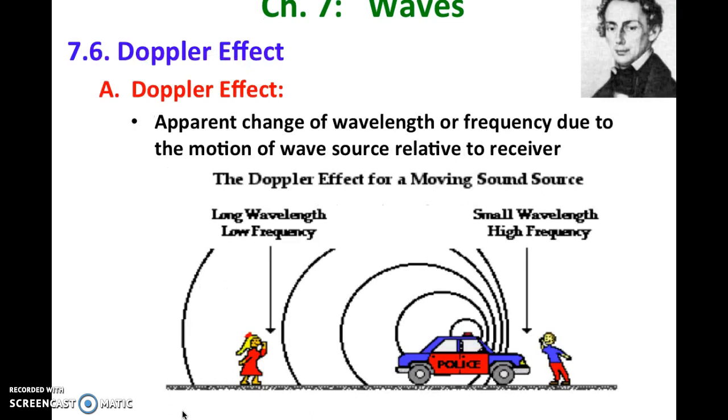The apparent change of frequency or wavelength due to the motion of the wave source relative to the receiver or listener is called the Doppler effect or Doppler shift. The wave decreases frequency, or redshift, if the wave source moves away from the receiver, and increases frequency, or blueshift, if the wave source moves towards the receiver.